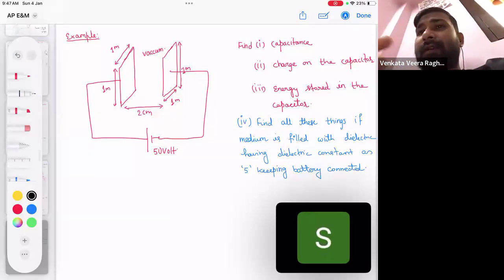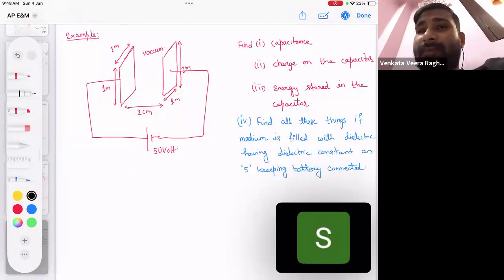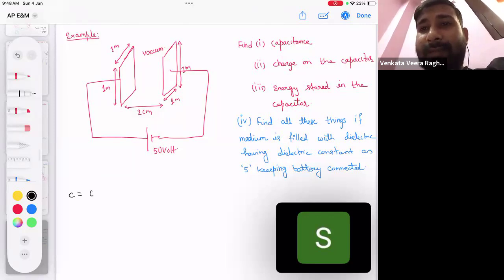Farad. Okay? So the capacitance will come as epsilon naught A by D.